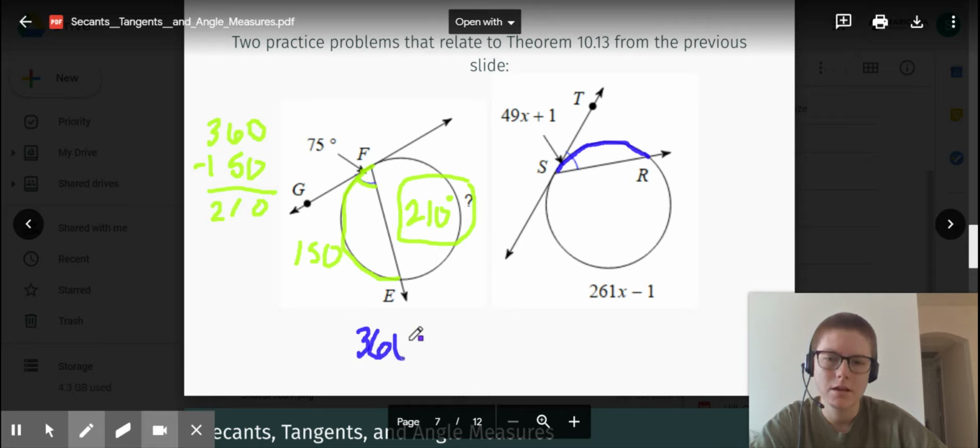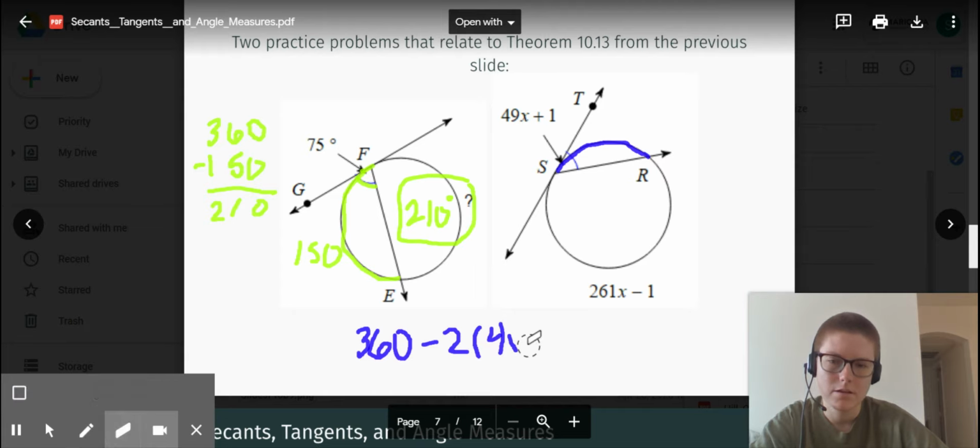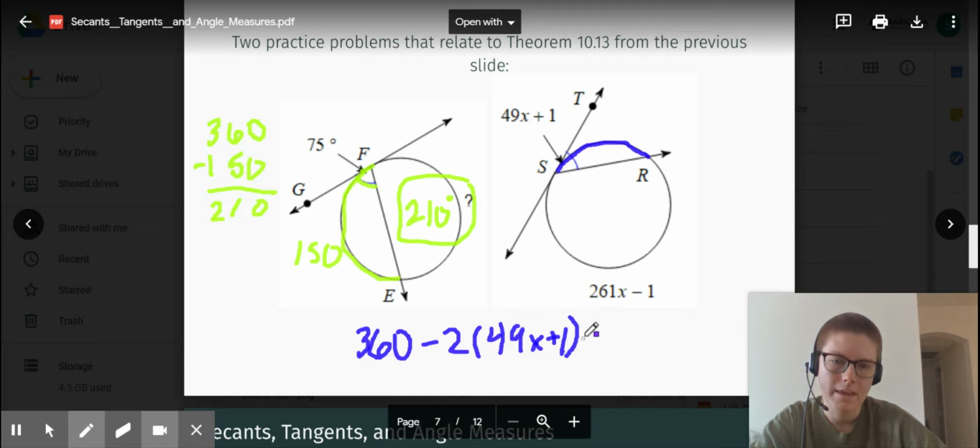So 360 minus 2 times our angle 49x plus 1, not 4x, 49x plus 1 is equal to 261x minus 1.